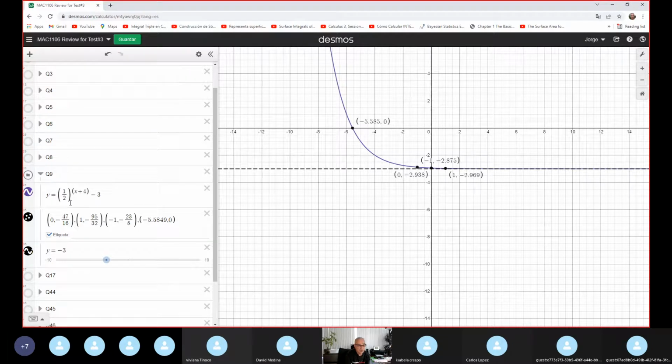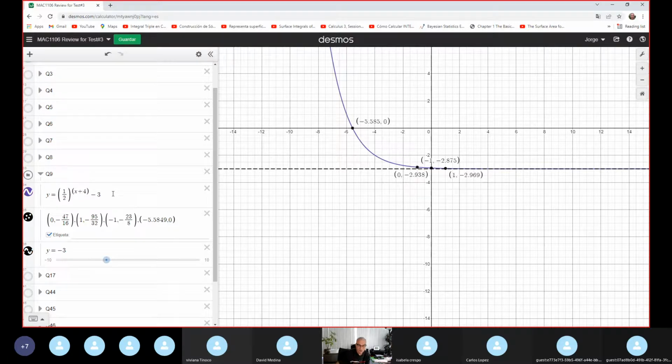It's super easy because if you want to find the y-intercept, you evaluate at x equals 0. And the x-intercept is a little bit more complicated. You set it equal to 0 and solve this exponential equation. Apply a logarithm maybe, right? But the most important is the base is 1/2.